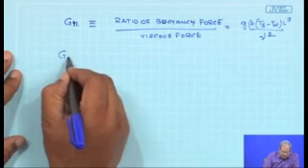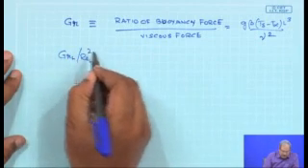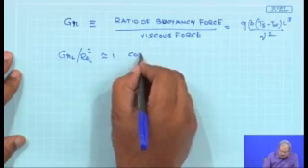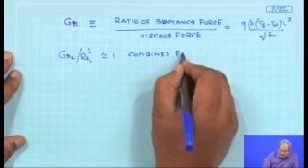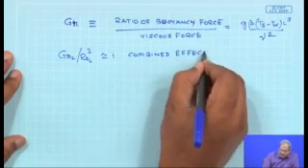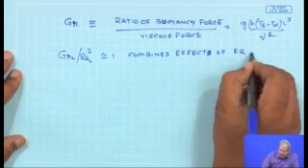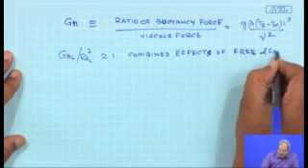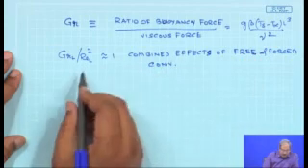So if the Grashof number by Re_L square is about 1, then the combined effects of free and forced convection both have to be taken into account.